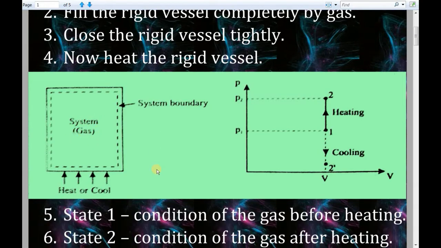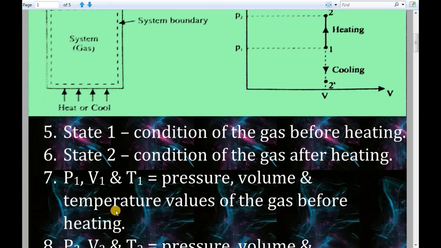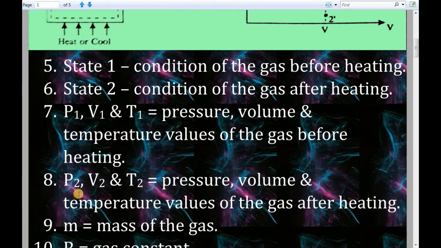State 1 is the condition of the gas before heating, and state 2 is the condition of the gas after heating. P1, V1 and T1 are the pressure, volume and temperature values of the gas before heating. P2, V2 and T2 are the pressure, volume and temperature values of the gas after heating.